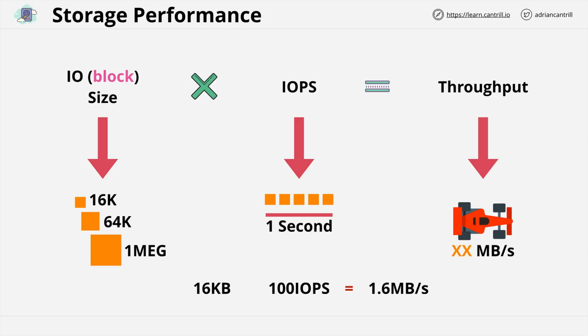A system might have a throughput cap, for example, or as you increase the block size, the IOPS that you can achieve might decrease. As we talk about the different AWS types of storage, you'll become much more familiar with all of these different values and how they relate to each other. So you'll start to understand the maximum IOPS and the maximum throughput levels that the different types of storage in AWS can deliver.